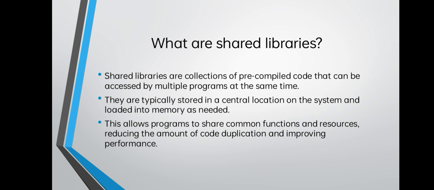This allows programs to share common functions and resources, reducing code duplication and improving performance. If you write the same code again and again, that will lower performance, be inefficient, and be redundant. That can be eradicated, improving performance.